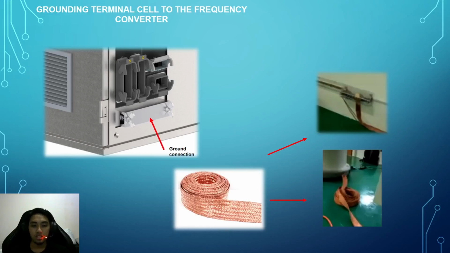The kit FC cabinet has a copper foil braid connection to connect the cabinet with low inductance. The standard length of the copper foil braid is 10 meters.